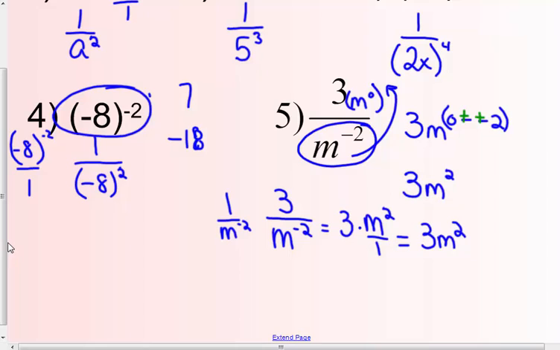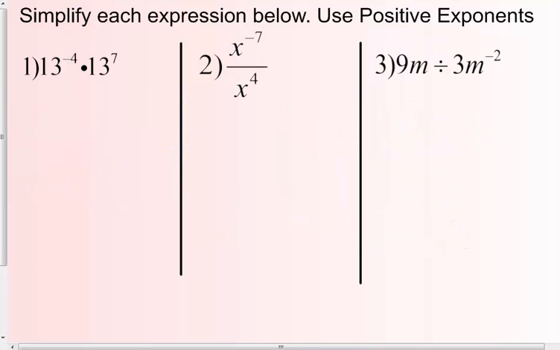Well, if I do the multiplicative inverse, it goes down to the denominator and becomes positive. So for a variable with a negative exponent to be shown as a positive exponent, it literally moves from numerator to denominator, or denominator to numerator. Kind of confusing. Let it sink in for a minute.